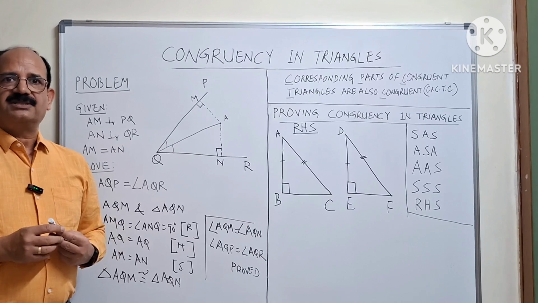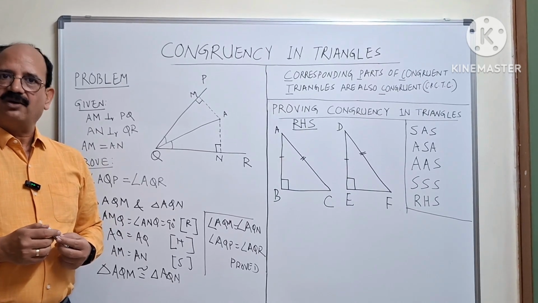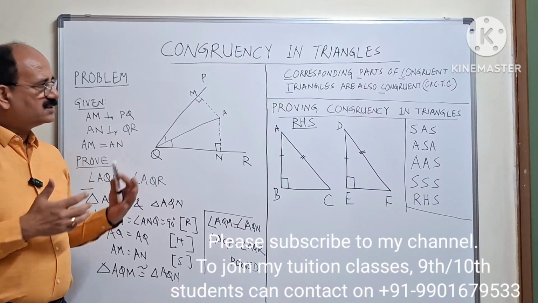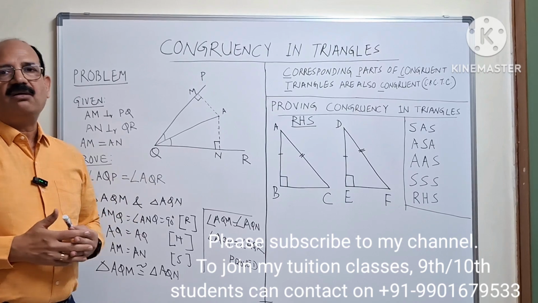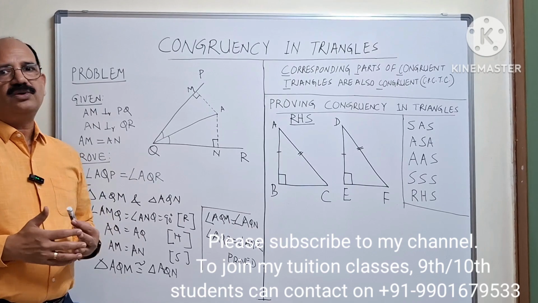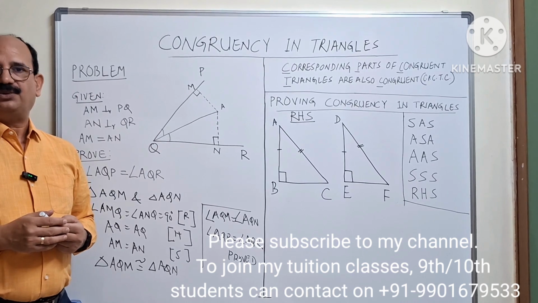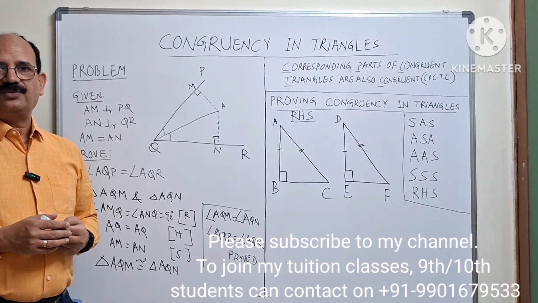And if you are able to establish that, then the RHS criterion is fulfilled and the two triangles will be congruent. With these discussions on the congruency of triangles, you have understood by now how all these 5 criteria will be used to prove congruency.